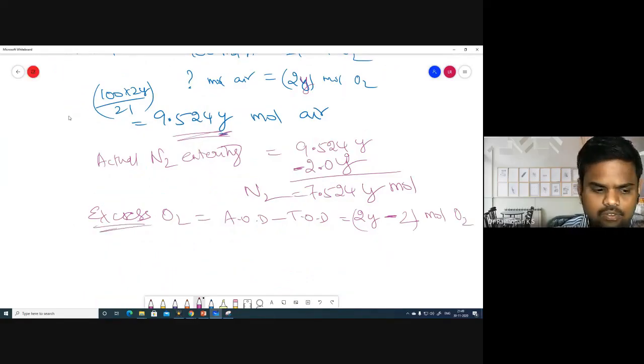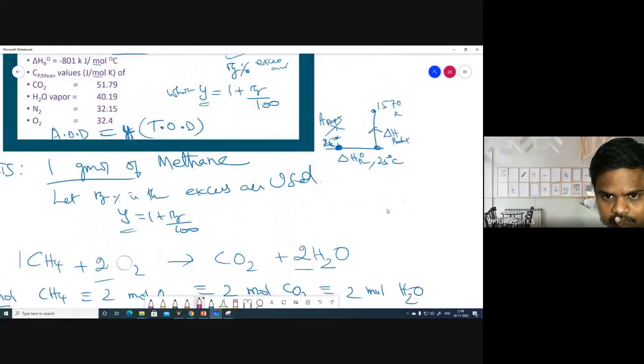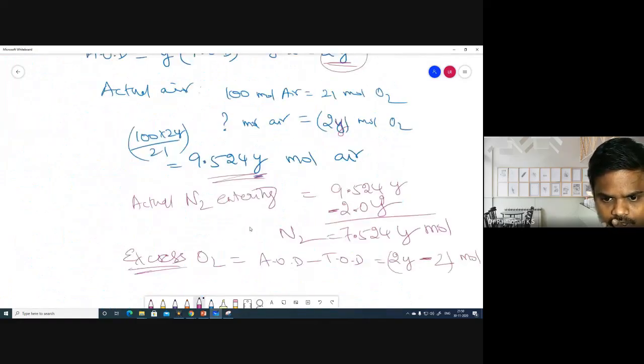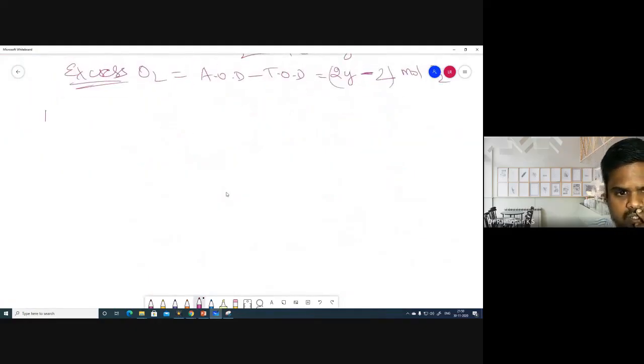Now we can write the composition. We know how many reactants there are, how many products, and how much excess oxygen. We have already seen that 2 moles of CO2 and 2 moles of water are formed, so we can write the composition of the reactants and products.